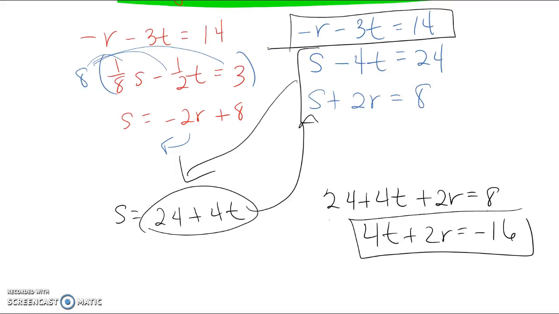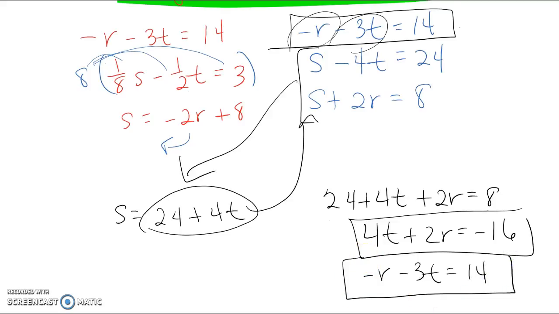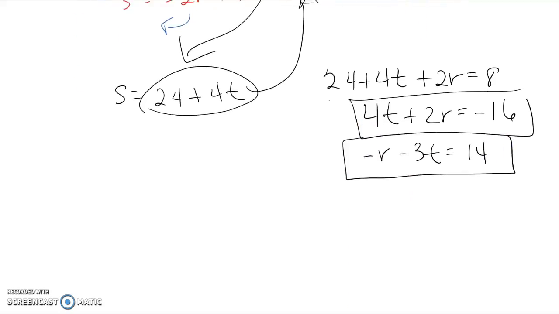Sometimes you may have to group these two together or another two together and try to get the s isolated, and do the whole thing again. But this is actually a pretty easy problem because my other equation also has an r and a t. So if I just recopy it right here, notice there's no s, so I don't even have to worry about a three-part substitution problem.